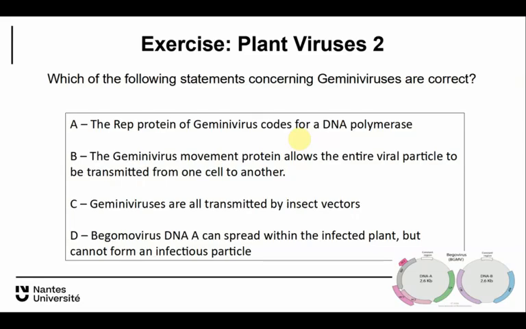The small DNA virus SV40 is a very important model system, and the origin binding protein of all these polyomaviruses is the T antigen. There's no homology between the large T antigen and the rep protein in Geminiviruses, but it's doing the same job.